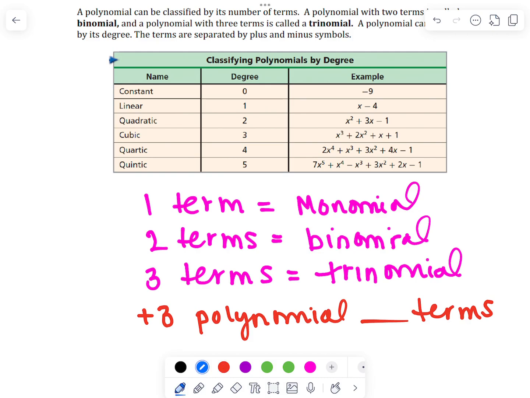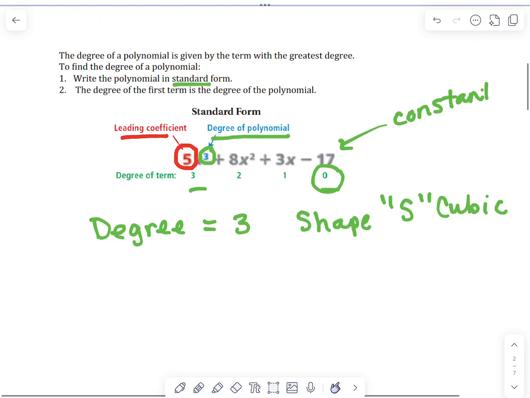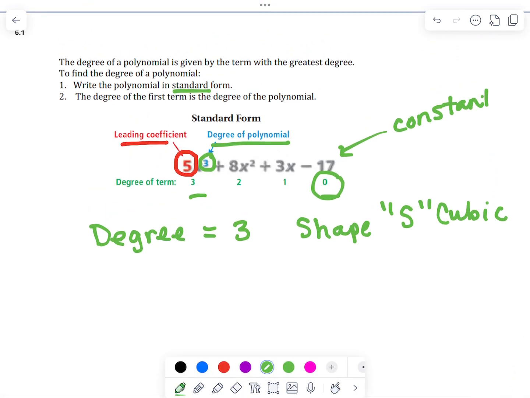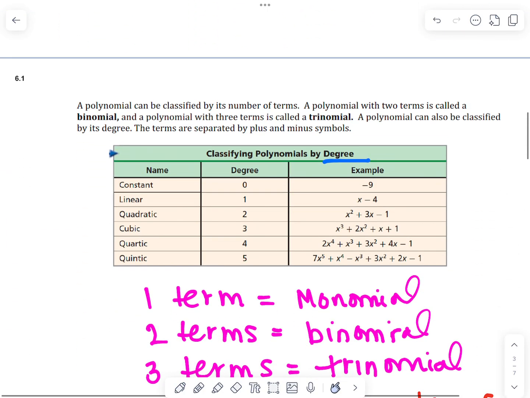Now, this box here has the classification of the polynomials by degree. If we just had a single constant, like a number, the degree would be 0, and we say the type of polynomial is called a constant.